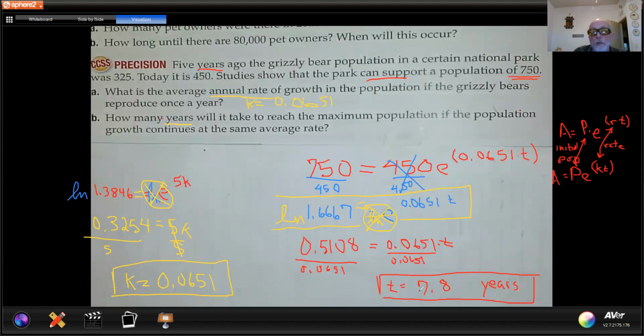So what is that? 7 years and 9 months, or 7 years and 9.5 months, something like that. So we're expecting there to be a bunch of bears in this national park in 7.8 years. 7 years and 9 or 10 months. That's how we do it.